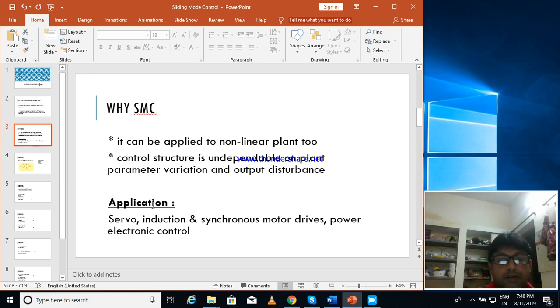As I told earlier, for any digital controller like PI or PID, unless you are able to linearize the small signal model of the plant, you cannot tune it properly to obtain the high performance dynamic response of the system. But sliding mode control can be applicable to nonlinear plants also. And the control structure is entirely independent of the plant parameter variation and also the output disturbance.